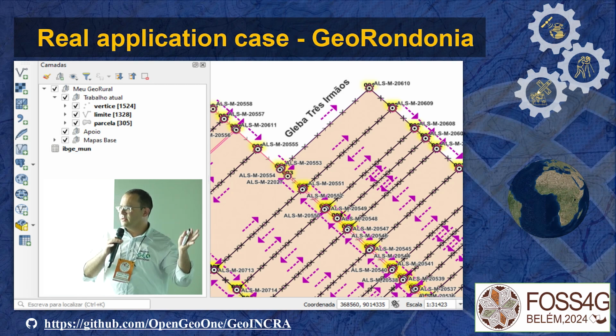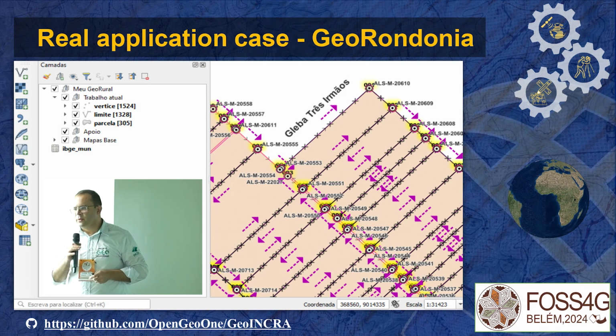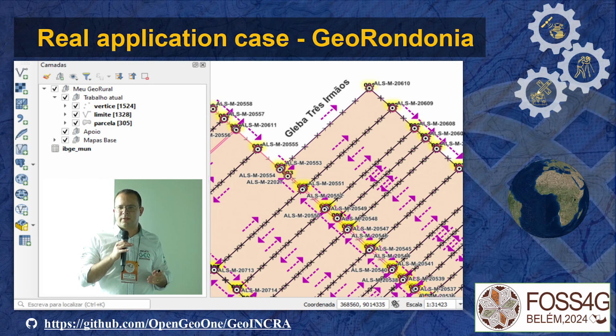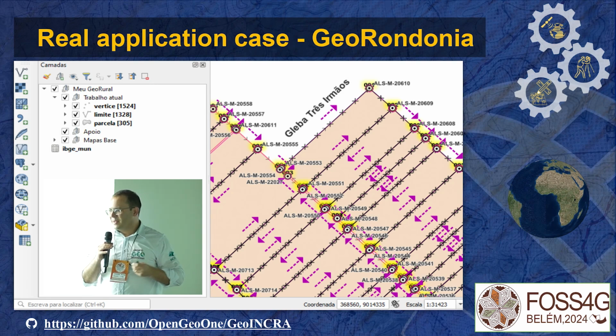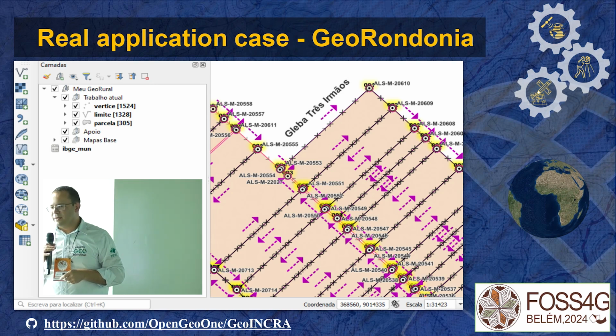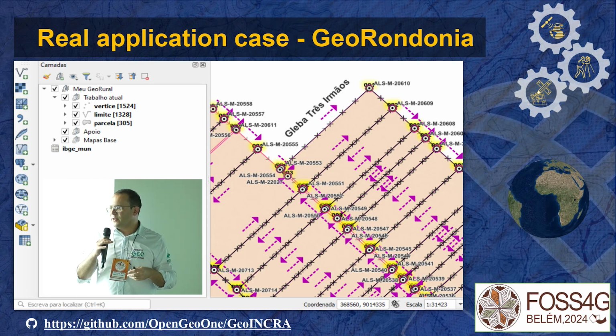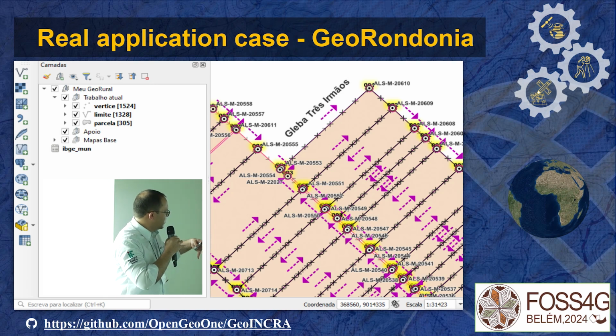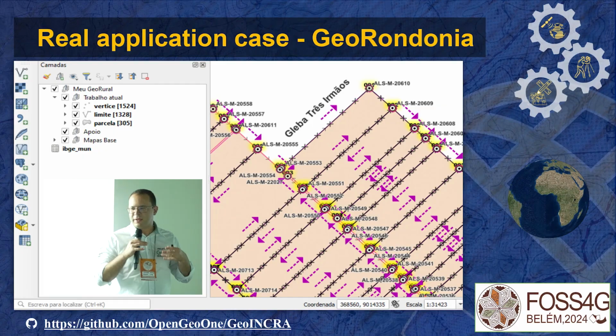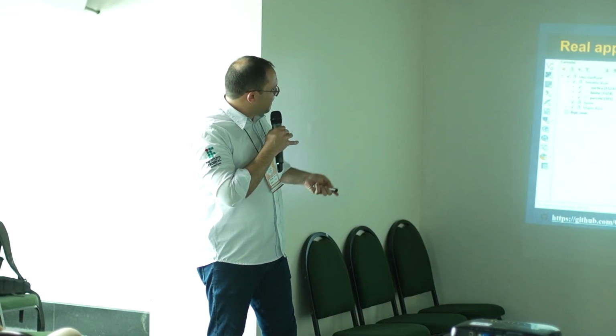Each layer has different information about the limit, point limit, the boundary, the neighbor information, and the polygon has the holder information, the people, the property information. Everything is in the polygon layer.